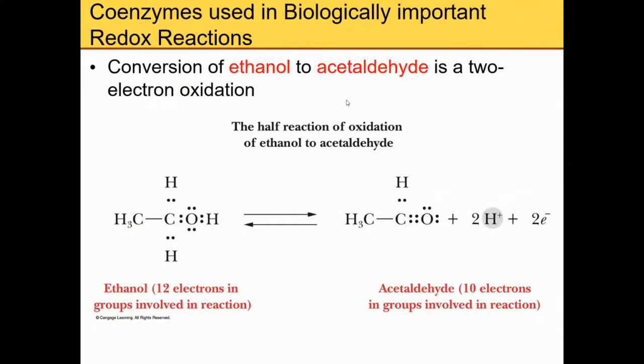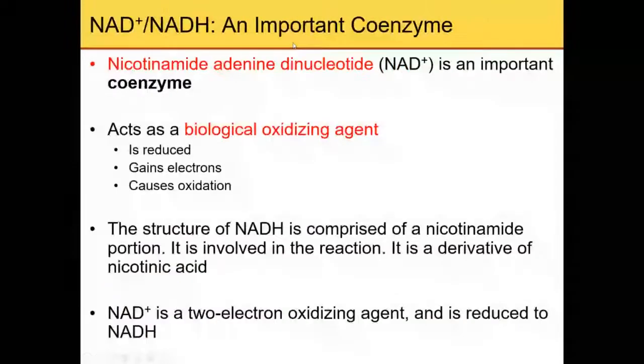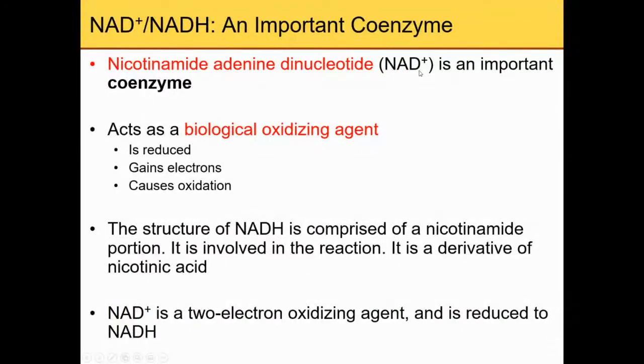Then the coenzyme. The coenzyme is important, okay? Because, for example, the nicotinamide adenine dinucleotide NAD+, very important coenzyme. Later on, when you learn the glycolysis, you will learn how important the NAD+ is, right? Because they are the oxidizing agent, and they are going to be reduced, and they cause the glucose oxidation during the glycolysis, right?